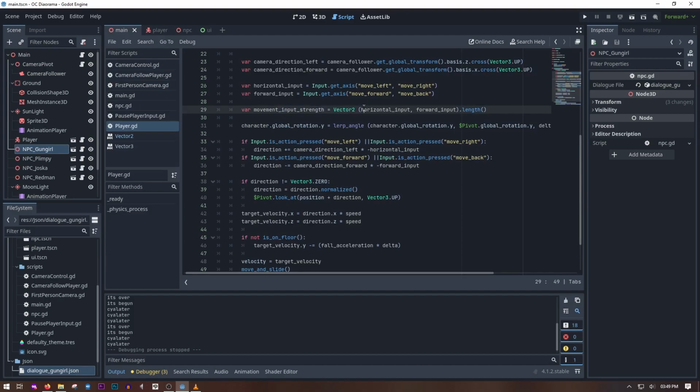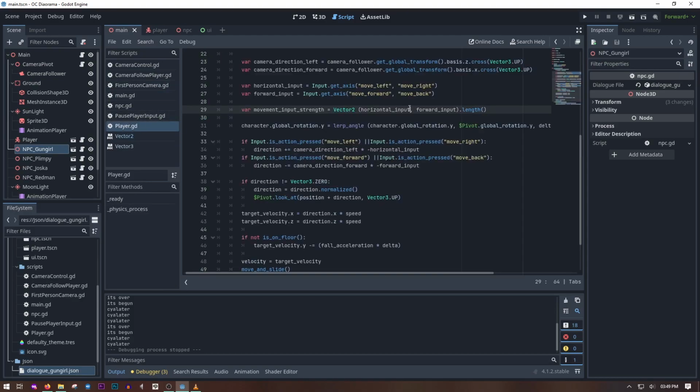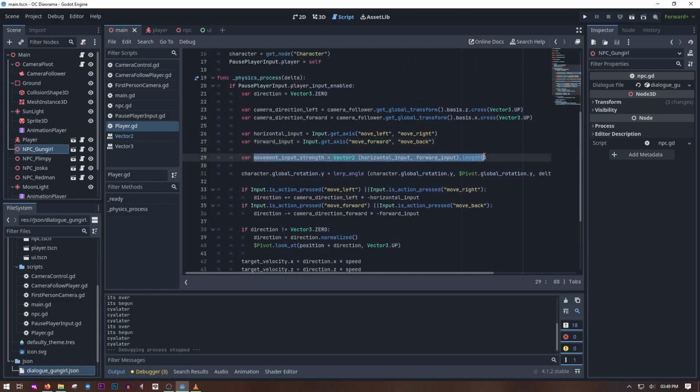I understand this to be making sure that if I go move left and forward at the same time, we're not doubling our speed, or velocity, I should say. We're just moving left and forward and only at one speed, I think. But I don't understand how that's coming through in this exactly.